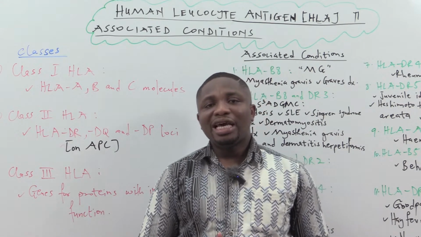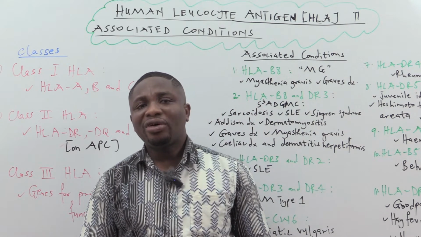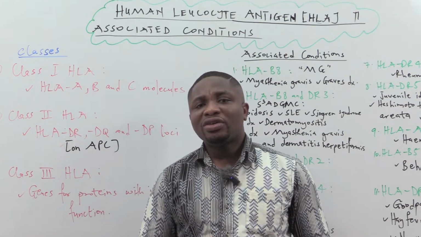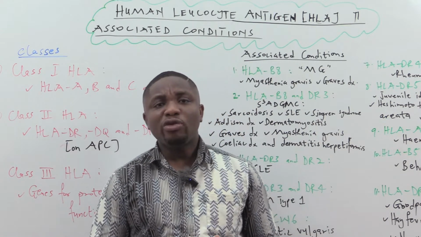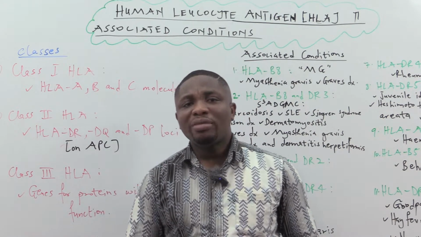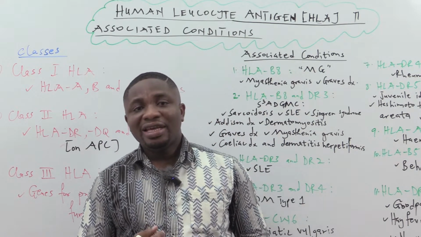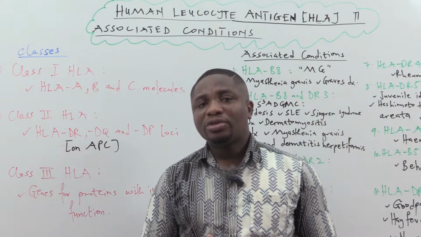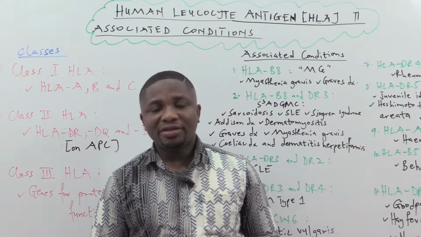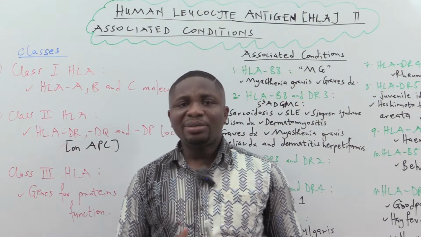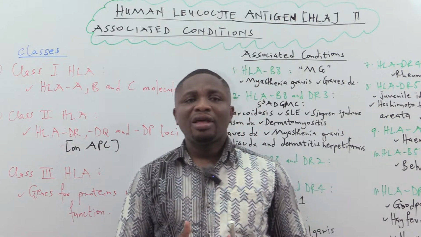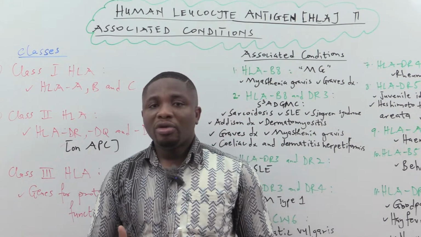You should remember that the MHC is mostly found in animals. The equivalent of the major histocompatibility complex in human beings is the human leukocyte antigen. And we said that they help code for proteins that differentiate self from non-self. By so doing, it helps our body to identify the components of itself from other components.